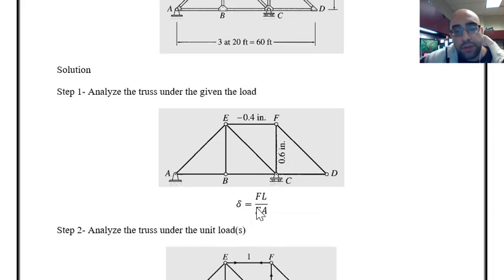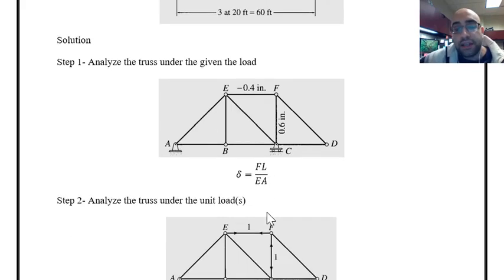Those are mentioned in the members, and of course the deflection in the members is equal to FL over EA. By having this equation and knowing it from the mechanics of materials, we know that the force in the members will cause such deflection, or in other words, the deflection will cause such force in the members.